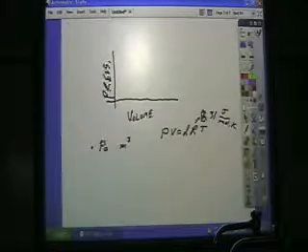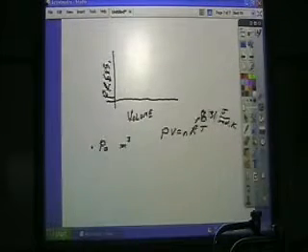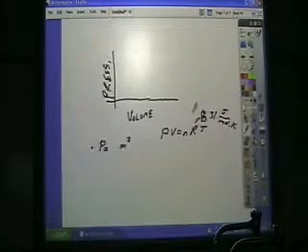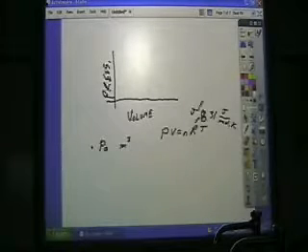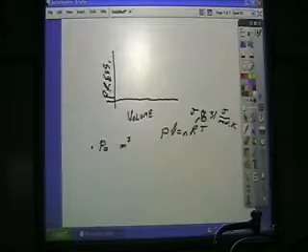Okay? Now, n is in moles, so moles are going to cancel with moles. Temperature is going to be in Kelvin. Kelvin's going to cancel with Kelvin. So that means the right side of my equation has units of joules. So that means by default that my left side has to.